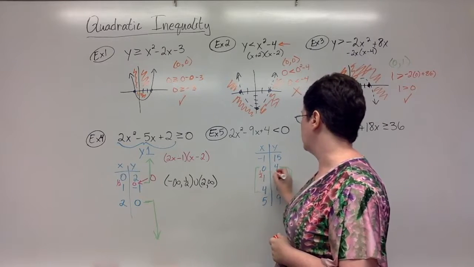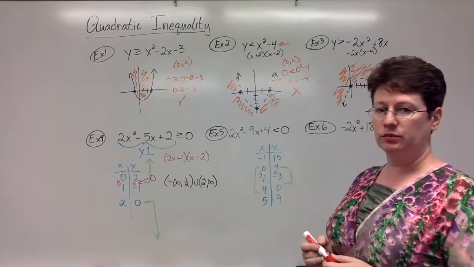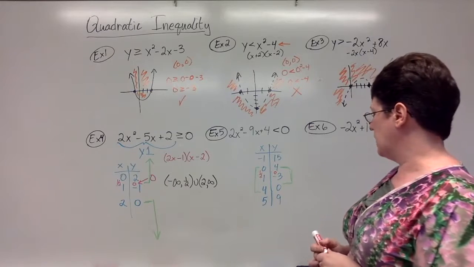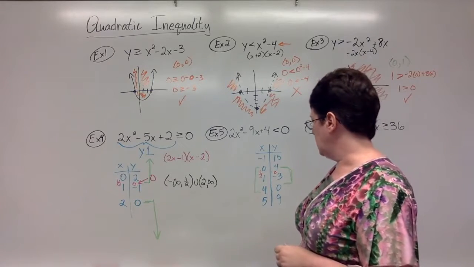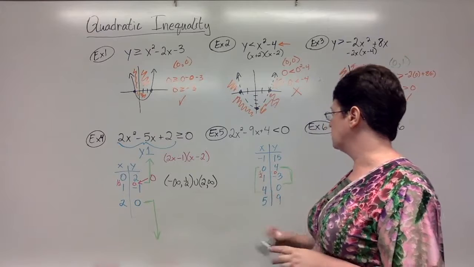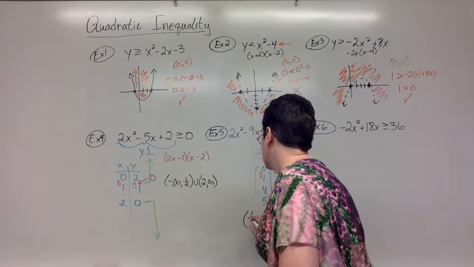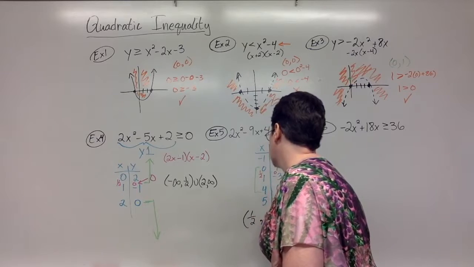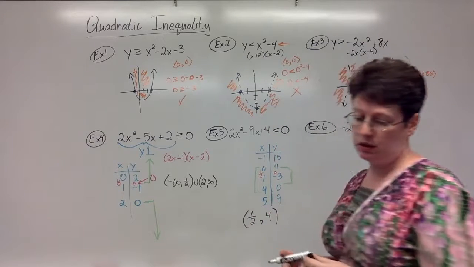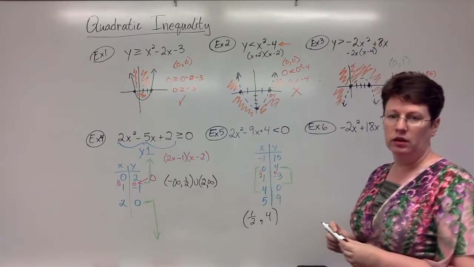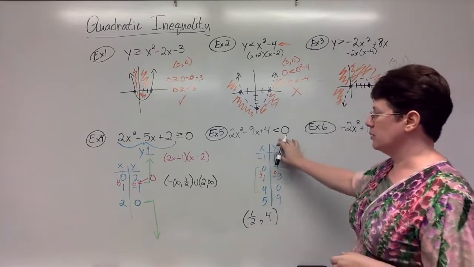It's at 1/2, 0. Okay? That's where my other root's at. So now let's put it in. I would go from 1/2 to 4. We would have parentheses because we do not include where it's actually equal to 0. It's just from 1/2 to 4. That's where it's less than 0.